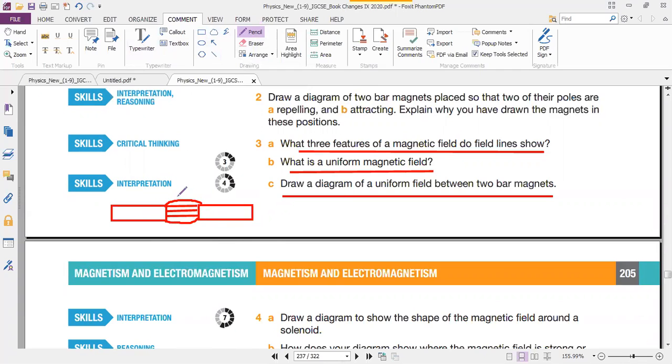The side ones are a bit curved. This is north and this is south, and this is the south of this bar magnet, and this is the north of this bar magnet.